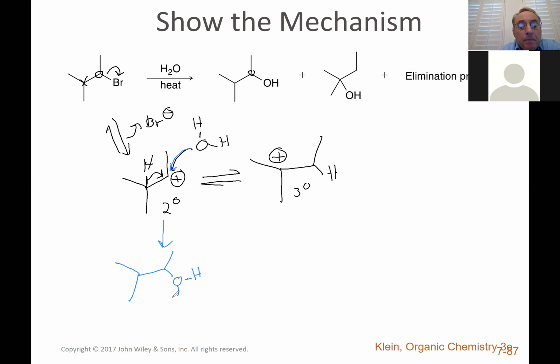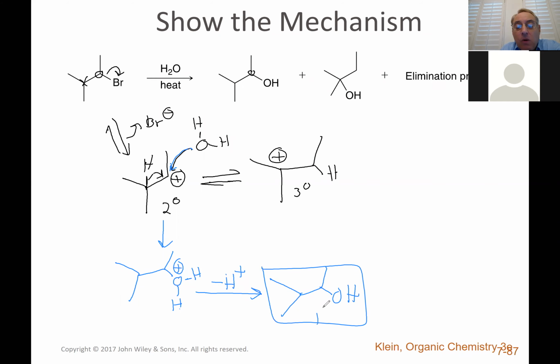And then that's an acidic hydrogen, that loses H plus. And that gives us that product. I'll call that product 1. That's the same as that product. Okay? That accounts for that product as reactivity of the initially formed carbocation.